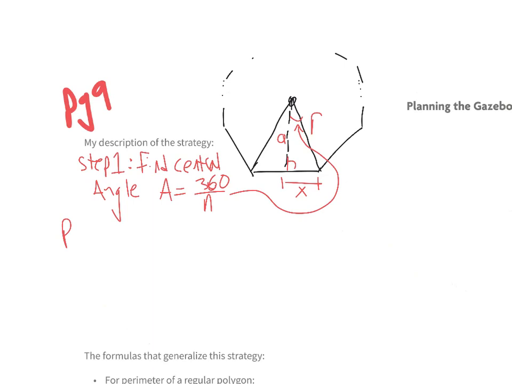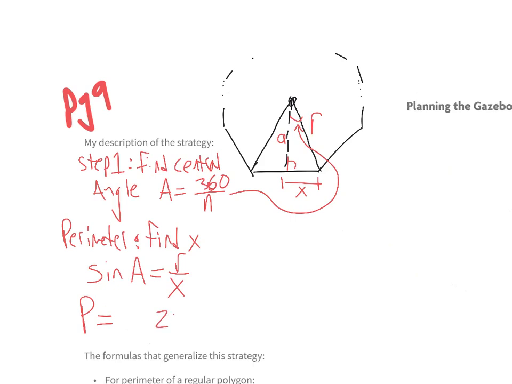So for the perimeter, we need to find X. And to do that, we're going to use, in most cases, it might change, it depends on what we know, the sine of the angle is R over X. Okay, and then once we can find that half side, the perimeter would be 2 times that half side times the number of sides.